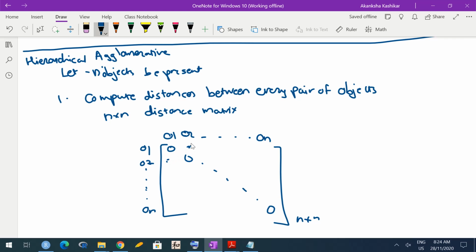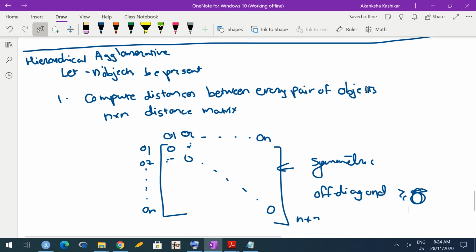So these two are the same. So the matrix is symmetric and the off-diagonal entries are greater than or equal to 0. They can't be negative because it's a distance. Okay, diagonals are 0, off-diagonal entries are greater than or equal to 0. So you prepare such a distance matrix.